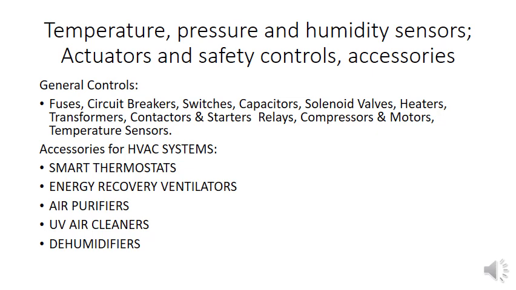Now, apart from the conventional heating, ventilation, air conditioning system, a few accessories are also used, like smart thermostats. It is a programmable thermostat where we can program different conditions, like if the temperature or the humidity goes below a point, how all the control units will work.